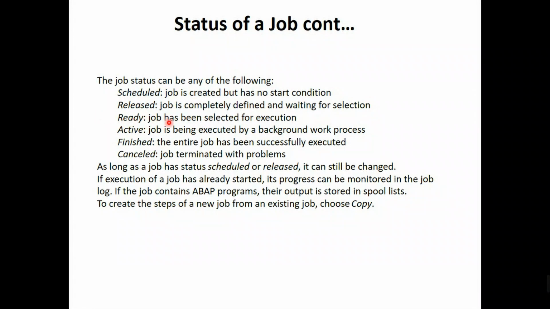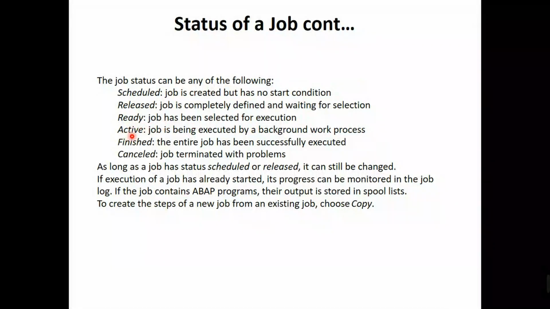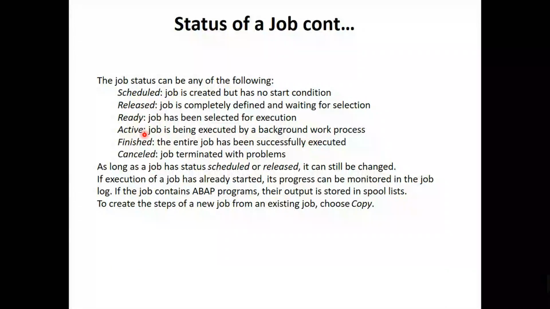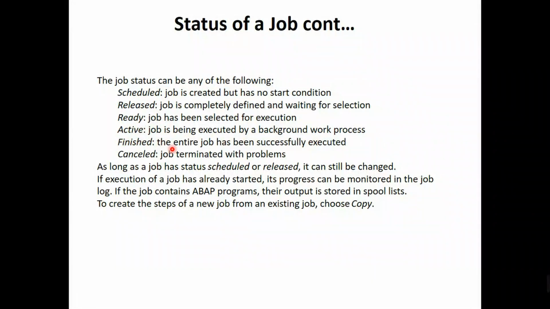Then ready: the job has been selected for execution, every step has been defined perfectly, and now it is going to be done. Now active: the job is being executed by a background work process, that means the job is already running. Now finished: the entire job has been successfully executed. And cancelled: the job has been terminated with problems, meaning some sort of error has happened with the job. So these are the statuses.